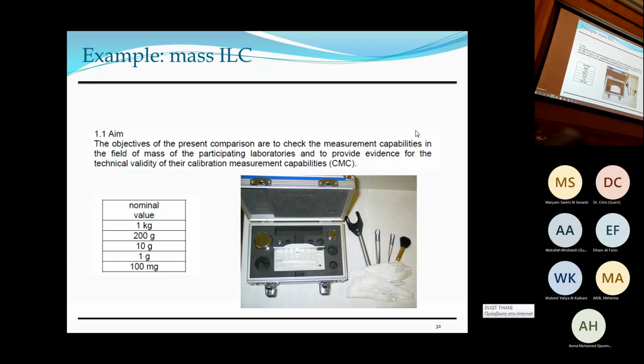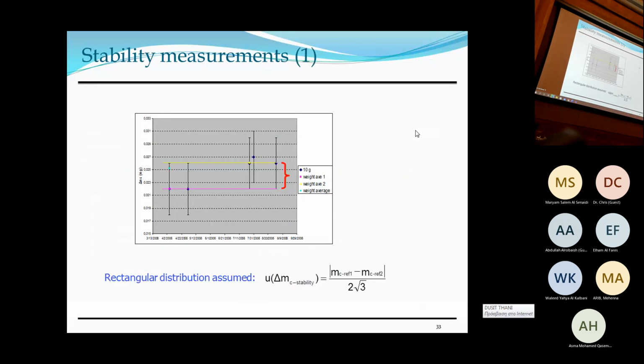At least one of the standards that was circulated showed this kind of behavior when we were assessing its stability.